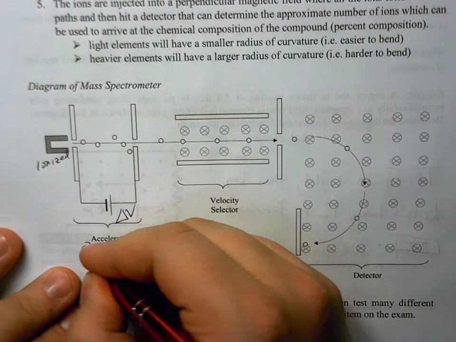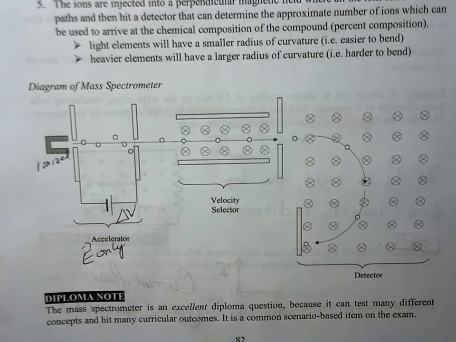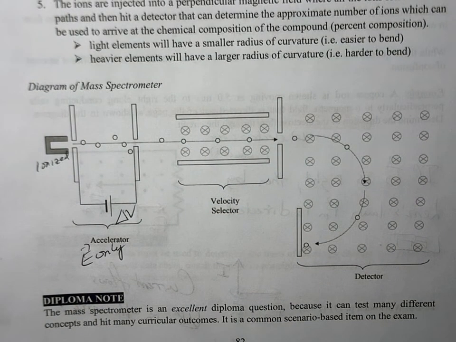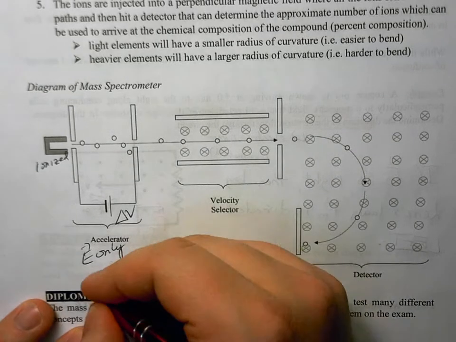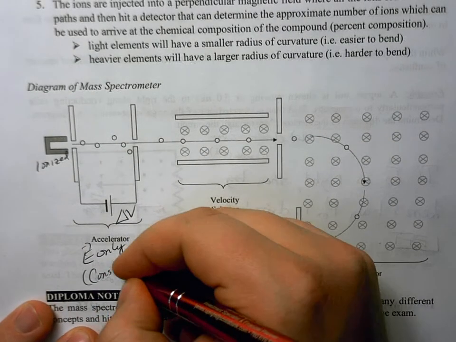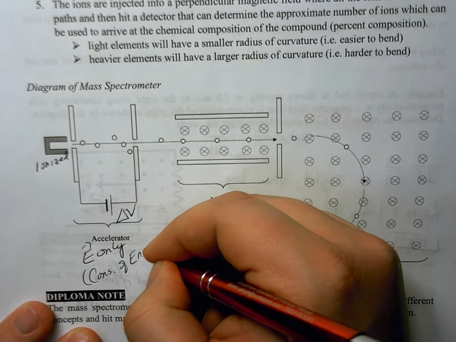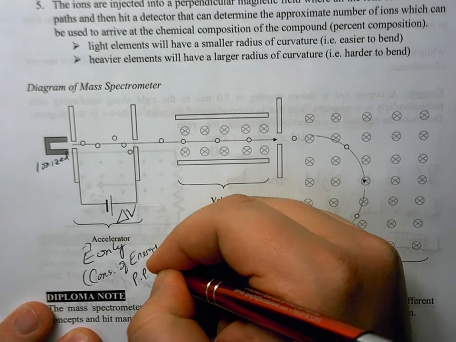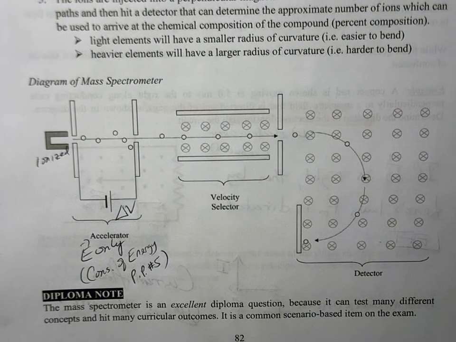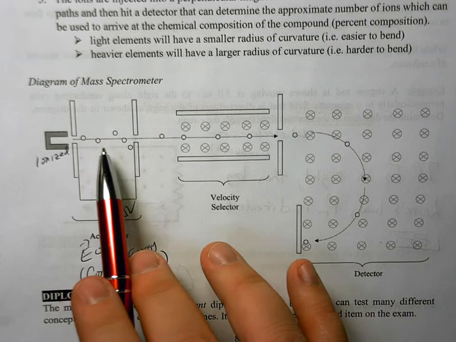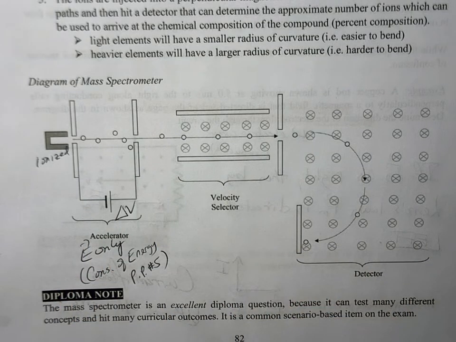Usually in here, we're just going to have electric fields only. And as you've seen already, when we're dealing with the two parallel plates where the particle's traveling directly from one plate to another, these are pretty much just begging for conservation of energy, or physics principle number 5.